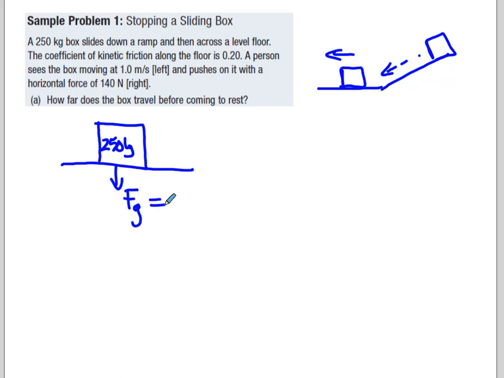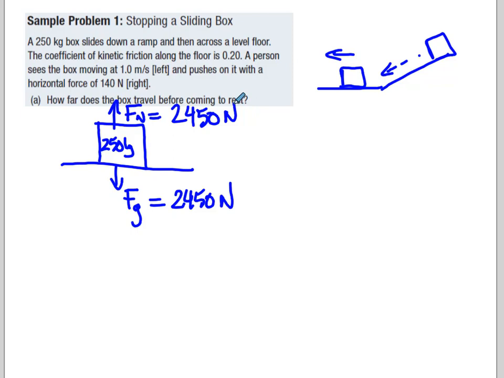So Fg on that is going to be 2,450 newtons. That means my normal force, again, will be the same because it's not on the ramp, it's on the level floor. The ramp would be more of a grade 12 problem. The coefficient of friction is 0.2.